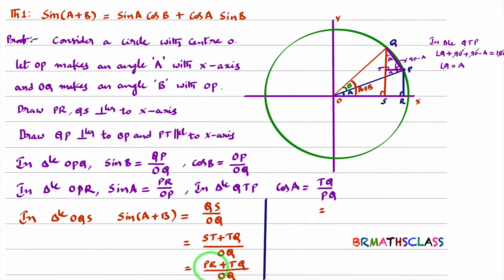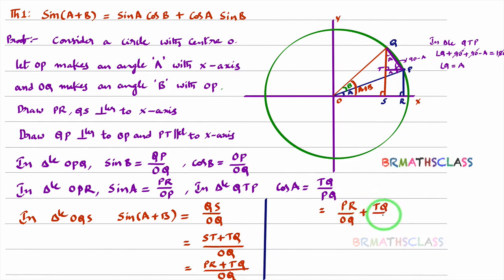You observe this PR plus TQ divided by OQ can be written as PR divided by OQ plus TQ divided by OQ. Here I'll write a step. You please try to catch those points. PR divided by, like that I'll write, plus TQ divided by. Now the point is we need to fill these gaps.